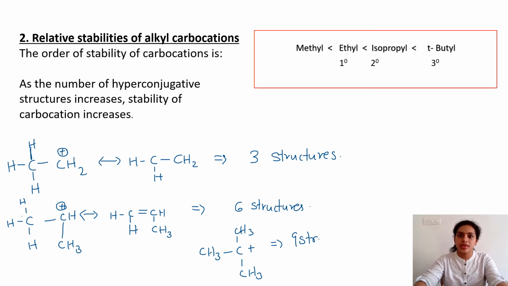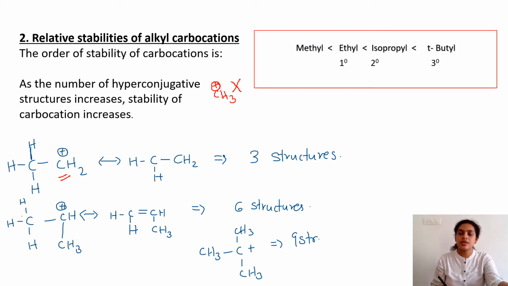In the case of methyl carbocation, the hyperconjugative effect does not come into play because next to the positive charge there is no other carbon atom, so hyperconjugative effect is not applicable. And we have to bear in mind that instead of the carbon-carbon double bond, now we are explaining hyperconjugation by taking the carbon carrying positive charge as the reference.